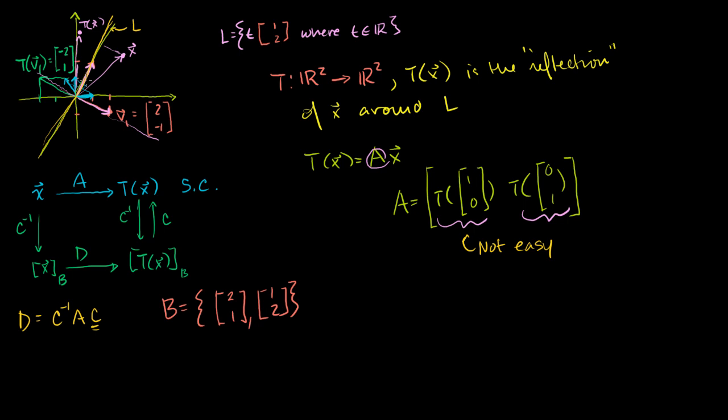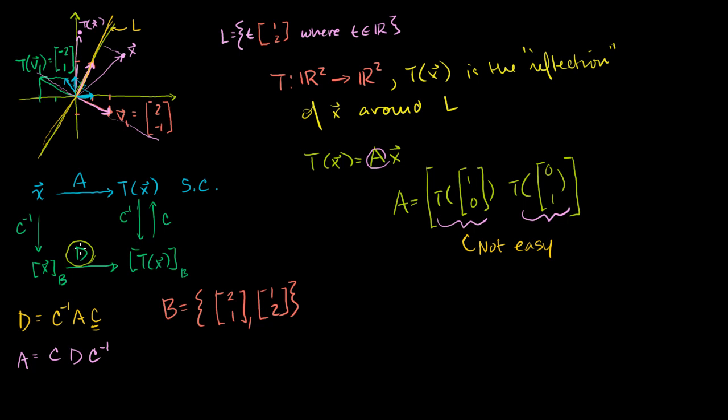And now in this world, our transformation is just a reflection around our new vertical axis. So maybe it'll be easier to find D, because this might be a simpler transformation in this other coordinate system. And then if we can find D, then we can solve for A. And we've seen this. A is just equal to C times D times C inverse. I showed that to you a couple of videos ago.